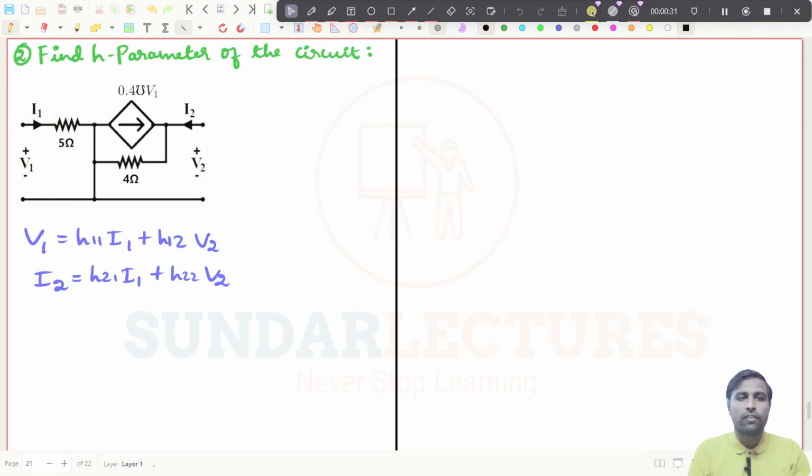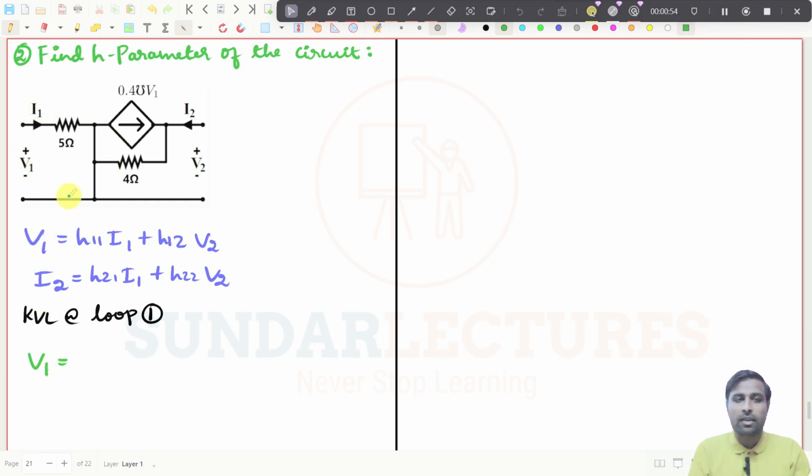So this is first loop. Maybe you take this as a single loop, right? You can apply KVL at this particular loop. So I will write it down, KVL at loop 1. You try to understand this is loop 1, right? So what will be the expression if you're writing V1? Start from minus and end up in the plus.